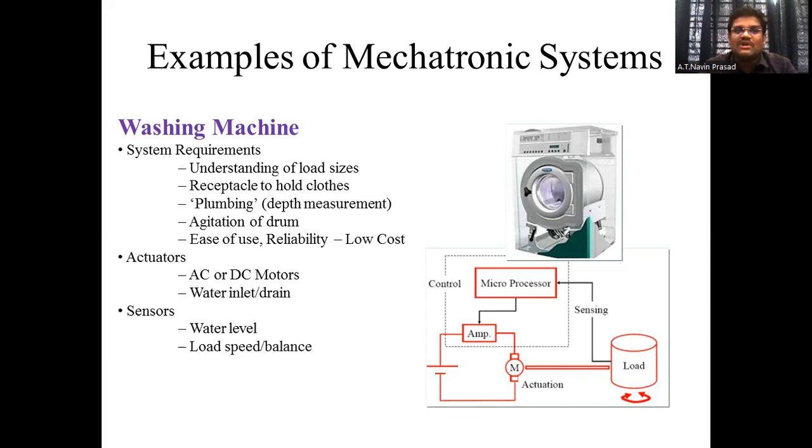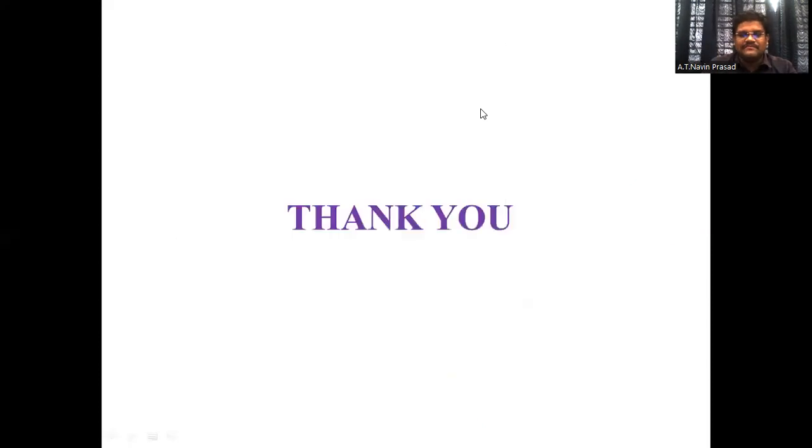If I put only 2 or 3 cloths, I can reduce the water level by using the mechatronic system, and we can also adjust the load speed or balance. This is a few of the best examples of a mechatronic system. So thank you so much.